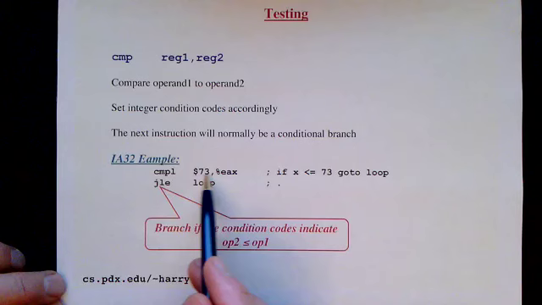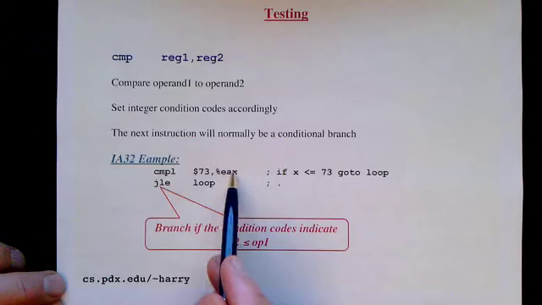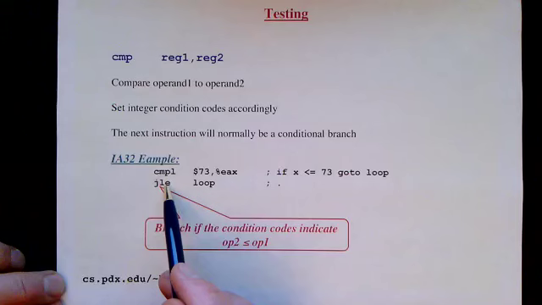So we have 73 here and our x stored in register EAX. And we're comparing, and we're jumping if less than or equal.